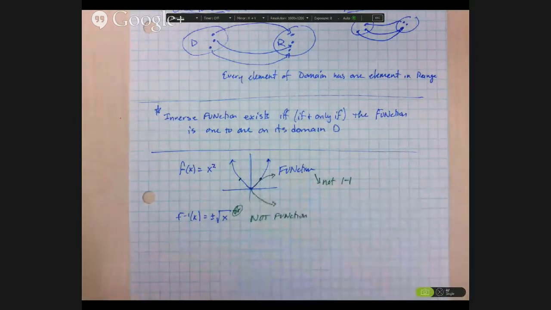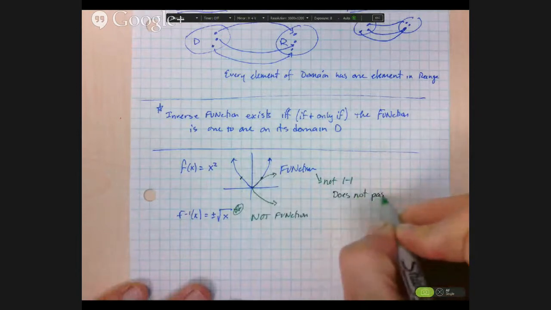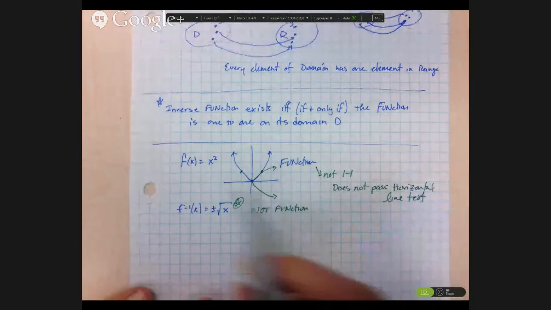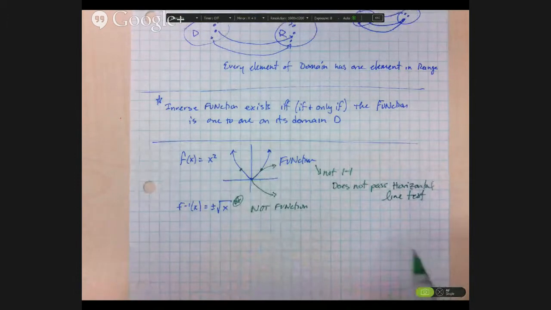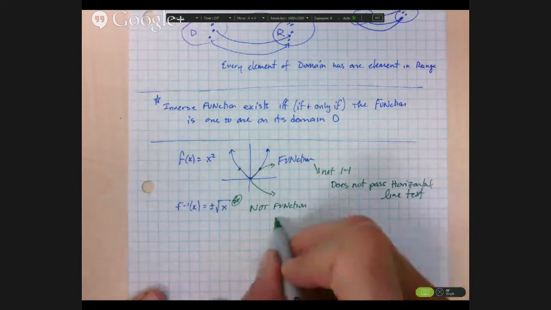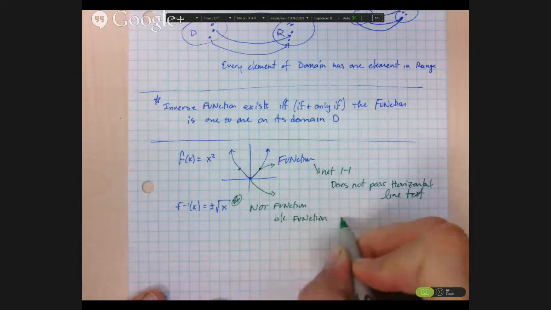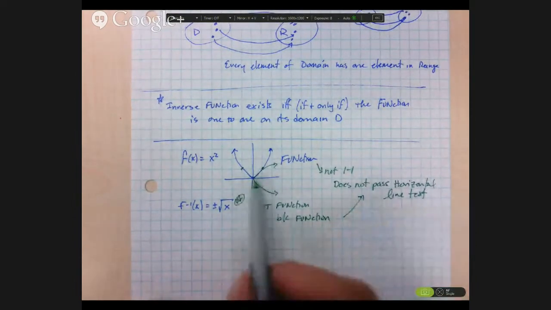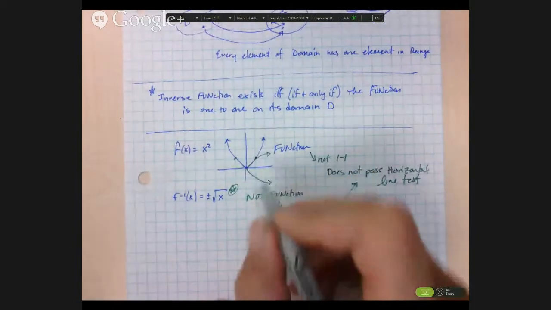That makes it not one-to-one. It does not pass the horizontal line test. If it passes the horizontal line test, its inverse is a function. So the inverse is not a function because the original function does not pass the horizontal line test, or this doesn't pass the vertical line test.